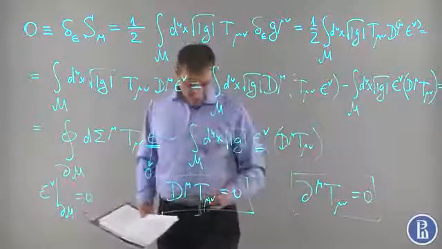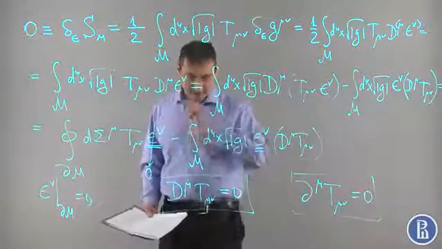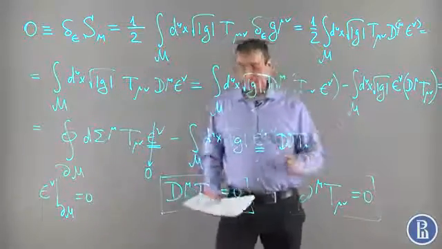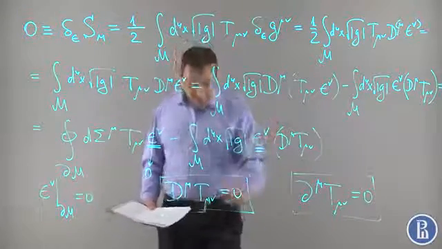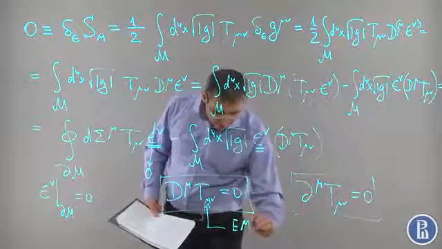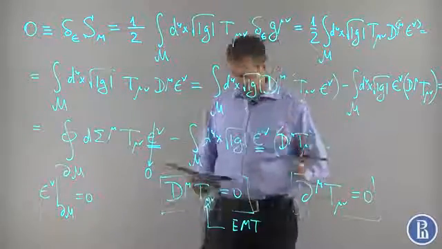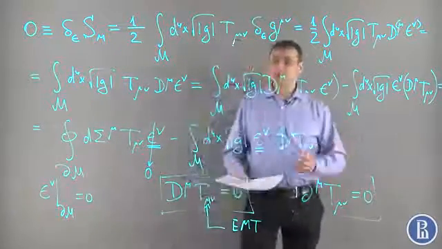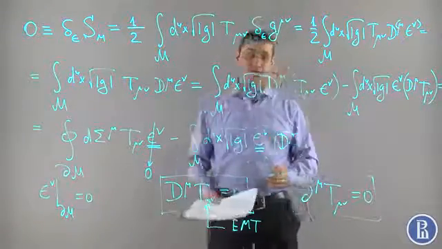So we have a conservation law following from general covariance. This guy is nothing but the energy momentum tensor of the matter under consideration. Now we're going to combine all these observations to derive the Einstein equations.